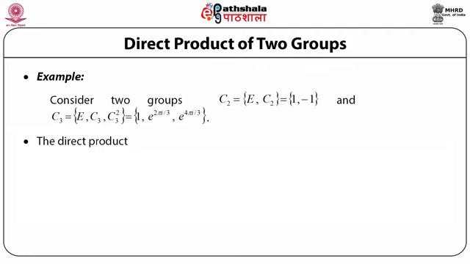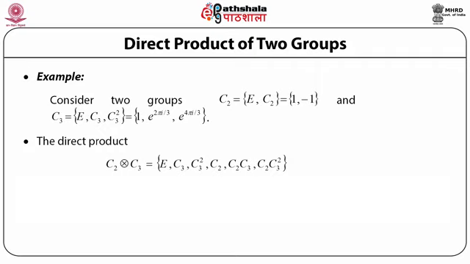The direct product of these two groups C2 and C3 consists of the following elements: E, C3, C3 square, C2, C2 C3 and C2 C3 square.